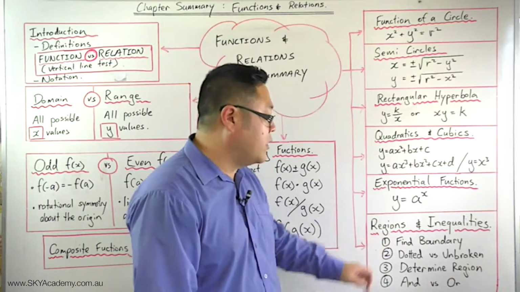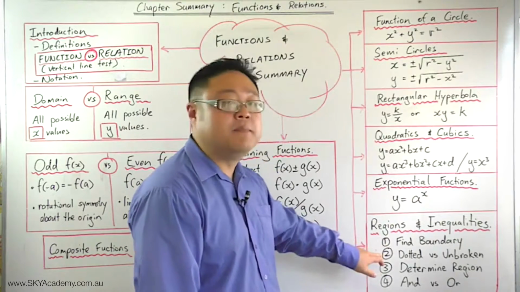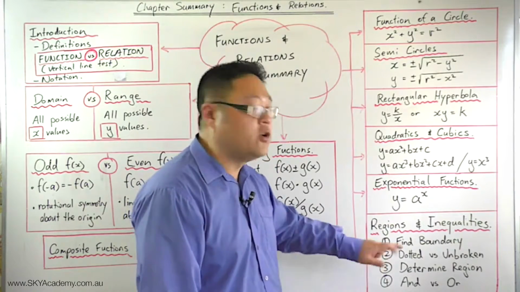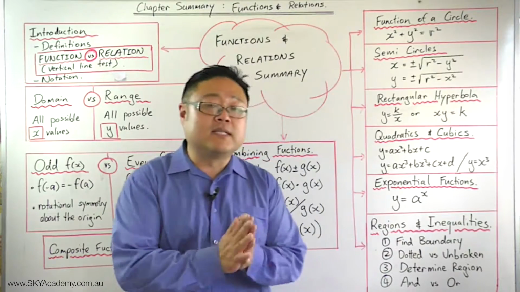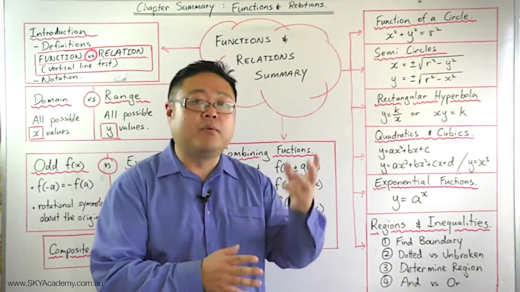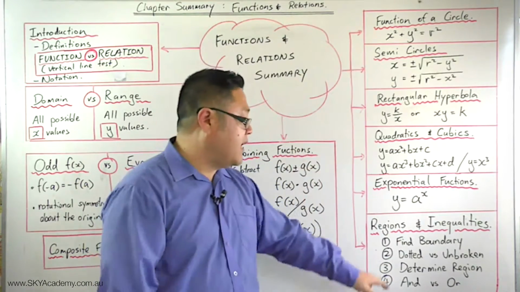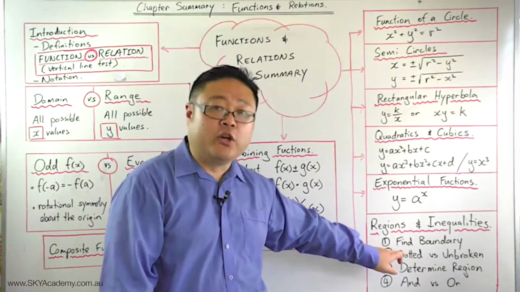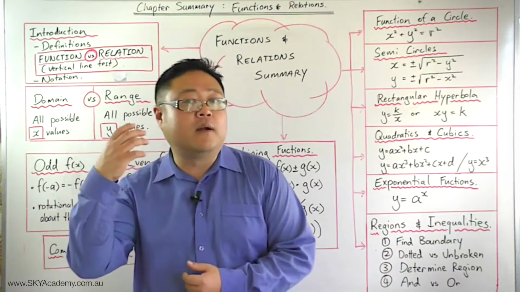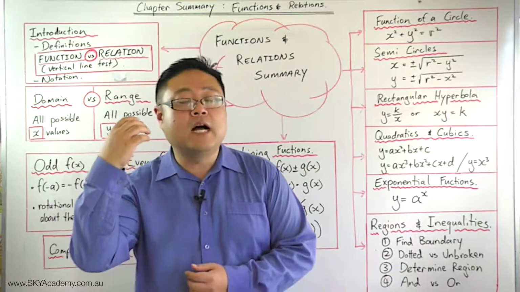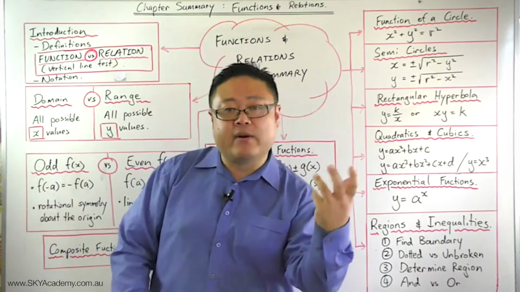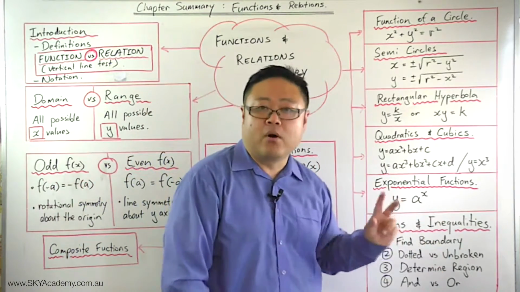The next thing you've got to work out is whether the boundary is going to be dotted or unbroken. If you've got greater than or less than, the boundary needs to be dotted, whereas if you've got greater than or equal to or less than or equal to, the line will be unbroken.